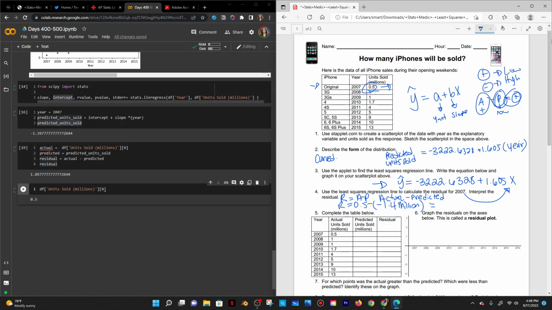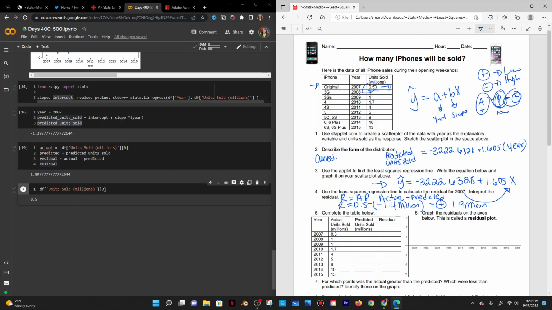That obviously gave me a positive answer of 1.9 million. So what that's saying is that the actual value of units sold in 2007 was 1.9 million units more than what I predicted, meaning that my prediction was too low.